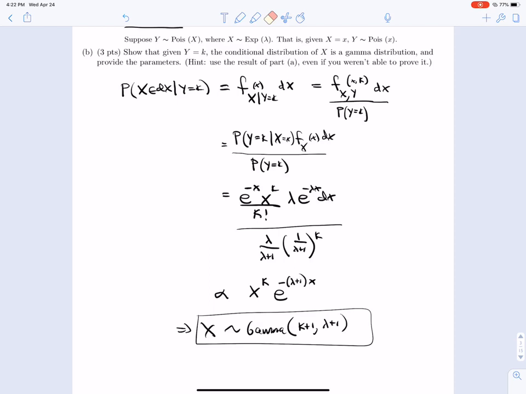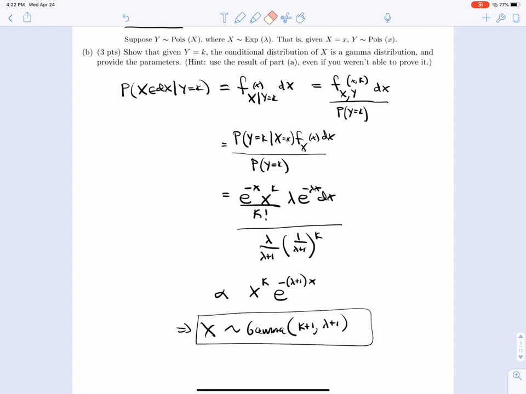And we can use Bayes' rule to write this as the joint over the probability that Y is k. And then the multiplication rule for the joint is the probability Y is k given X is x, f of x, dx, over the probability Y is k.